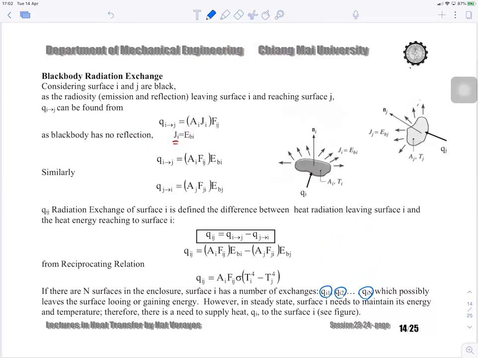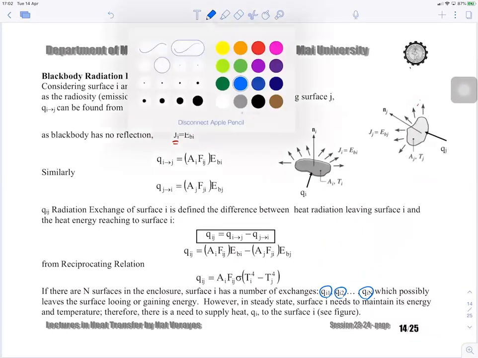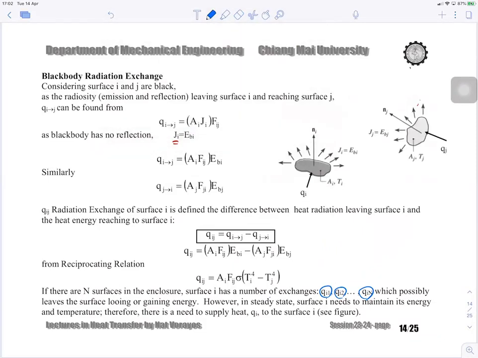If Qij has a positive sign, this is losing energy, because this is the radiosity out.